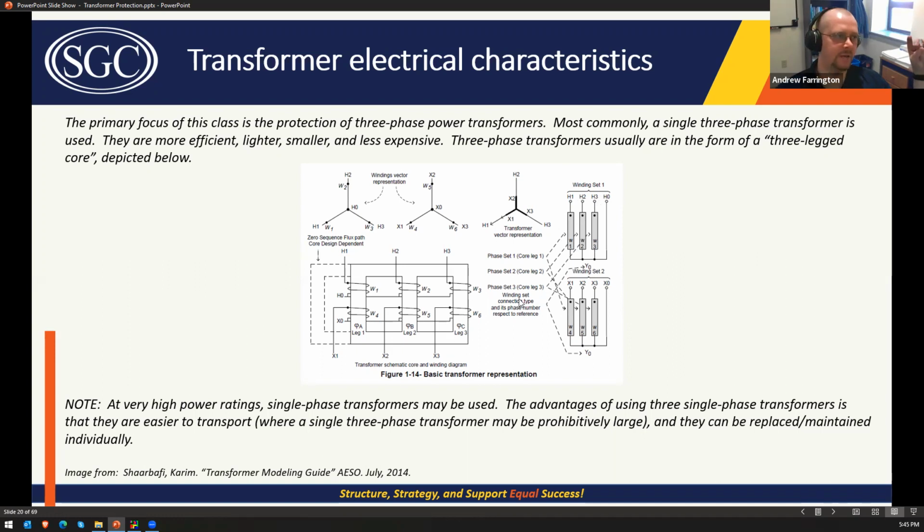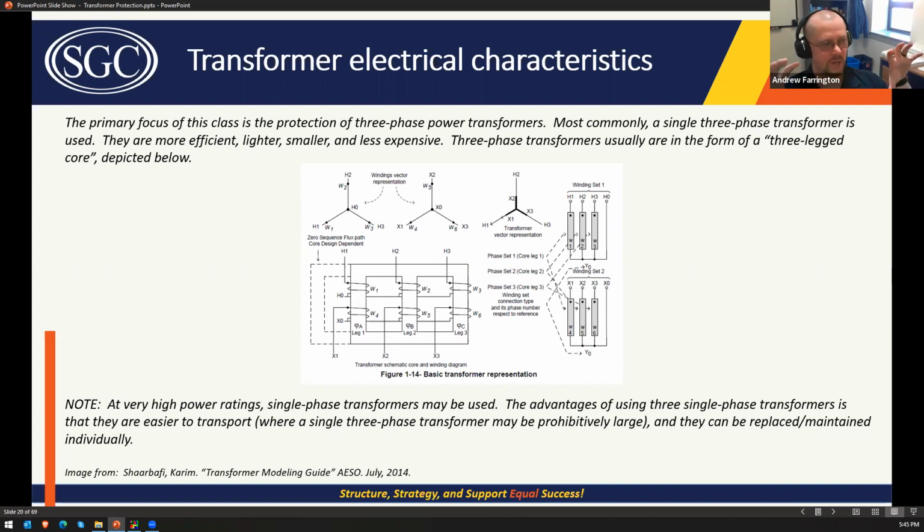At very high MVA ratings for your transformer, you may encounter utilities that actually go back to using one transformer per phase, like 700 kV transformers, say. I was actually reading that there was a 1.2 gigawatt transformer that they were putting in China. There are a couple of reasons you go back to single phase transformers.